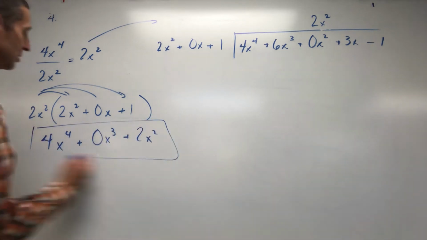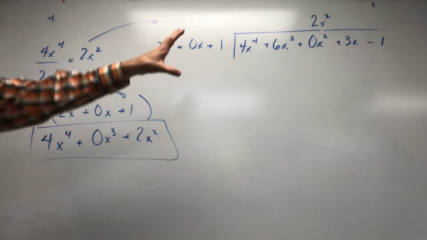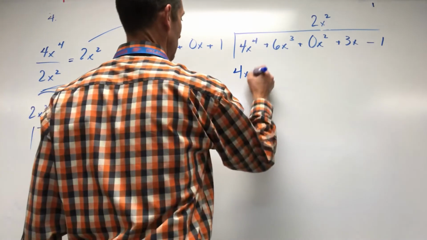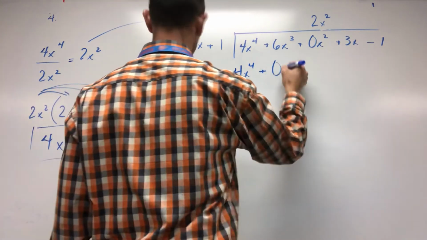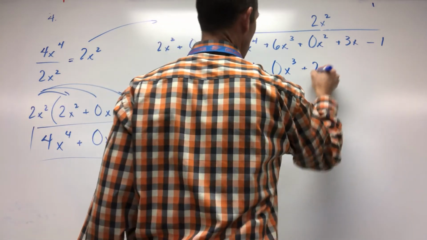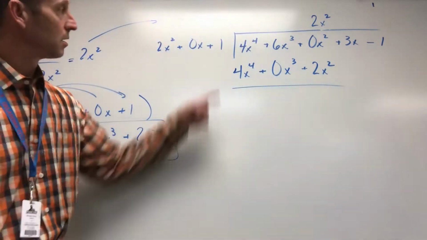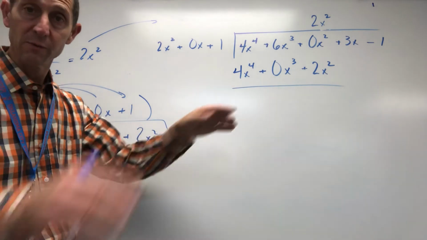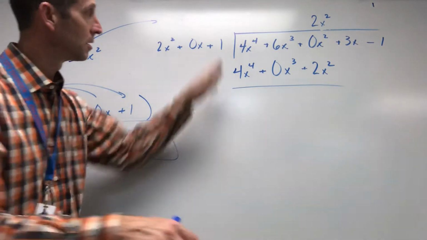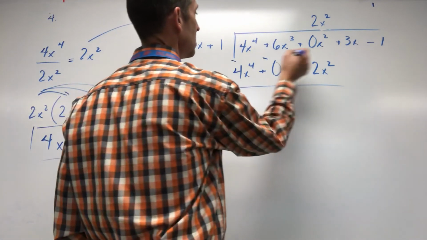So I built all this, bringing it over, 4x to the 4th plus 0x cubed plus 2x squared. The 4x to the 4th and the 4x to the 4th knock each other out. They're gone. Remember, this is all subtracting now.